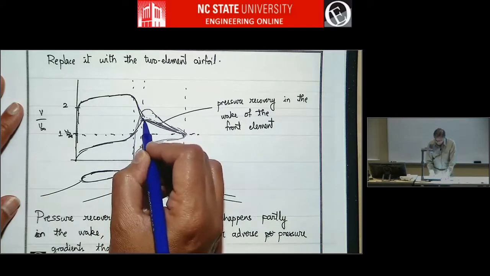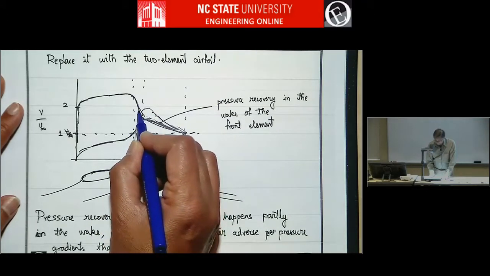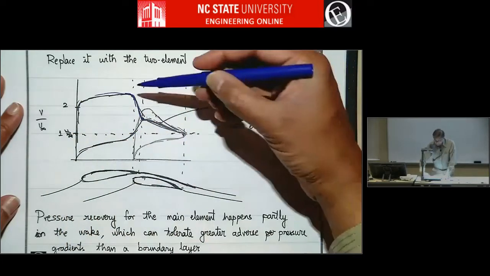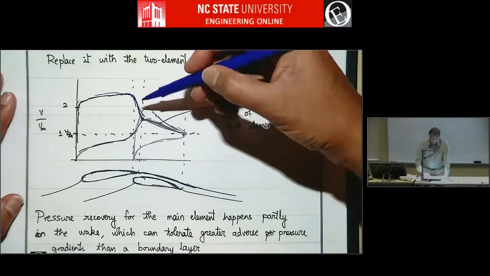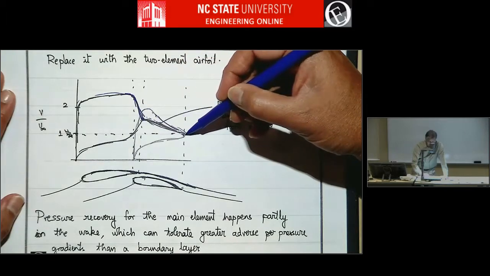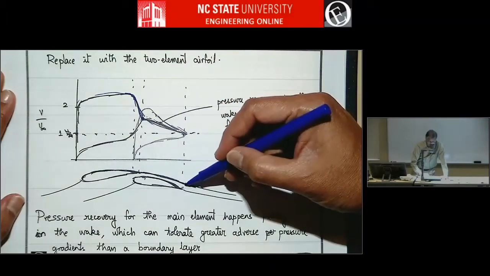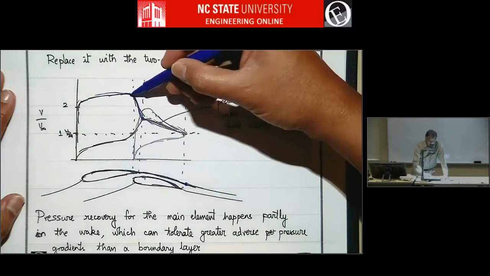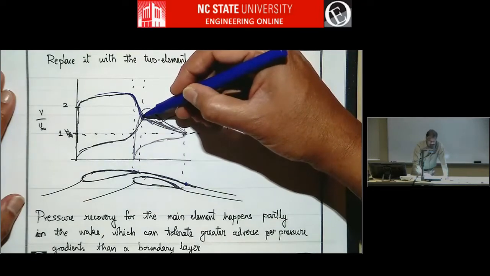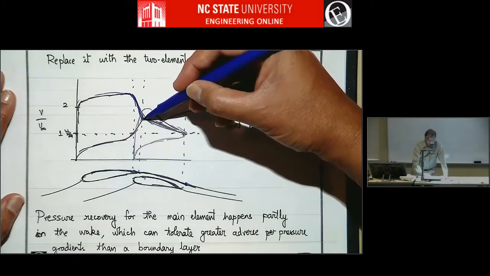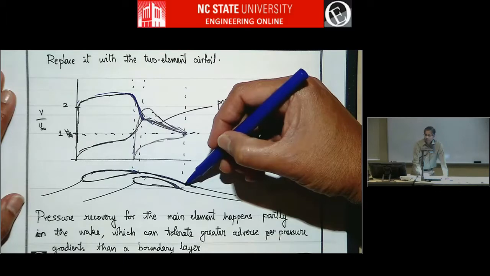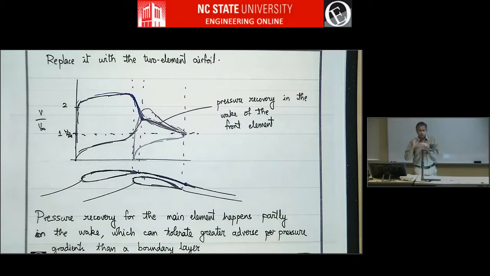And so you can design the front element to say, okay, trailing edge velocity is here, now I'm going to design this pressure distribution, and there is adverse pressure gradient, but this pressure eventually comes to near atmospheric pressure only around this point. So there is pressure recovery. You can make an aggressive pressure recovery here and not separate the flow, and have additional pressure recovery occur along the wake of the main element that flows on top of the aft element.